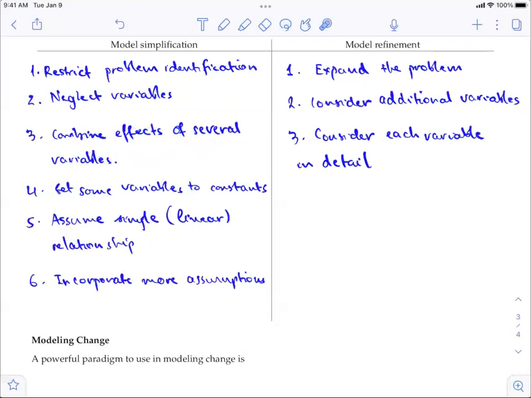But in the model refinement, you need to consider each variable in detail. The more details you have, the more accurate your model is going to be.